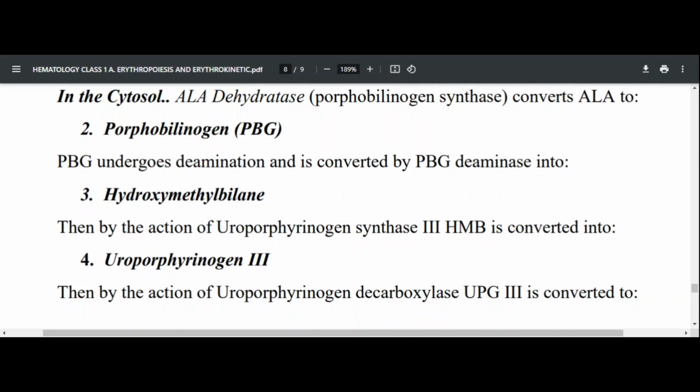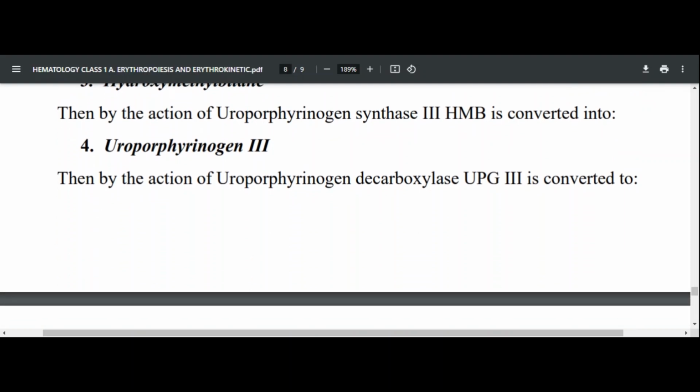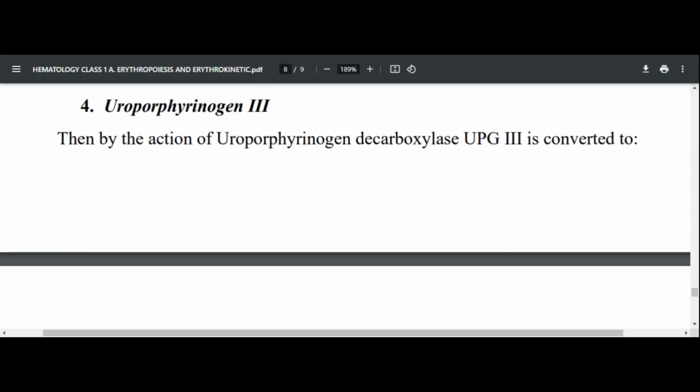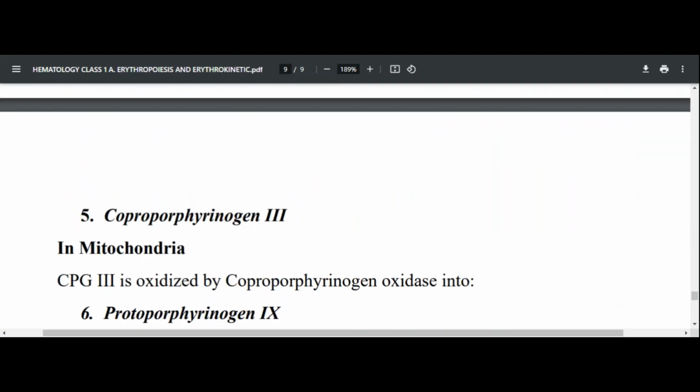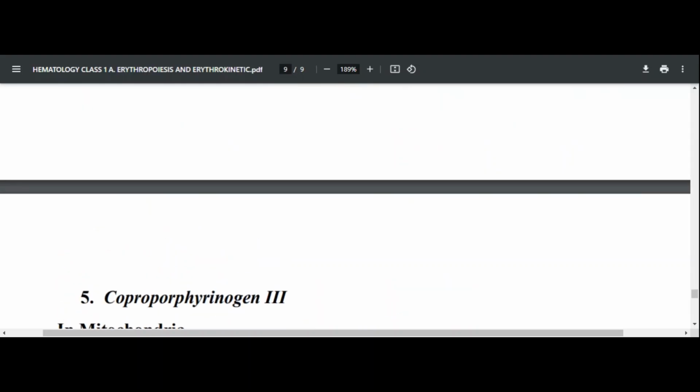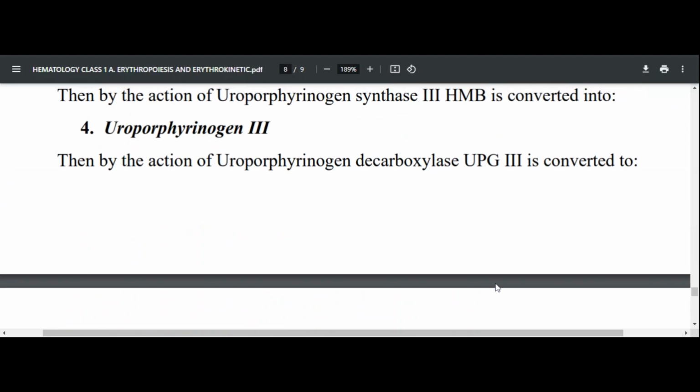Uroporphyrinogen 3 will be a molecule after hydroxymethylbilane. So it will be the fourth molecule in heme synthesis. The fifth molecule will be produced by decarboxylation of uroporphyrinogen 3, becoming coproporphyrinogen 3.